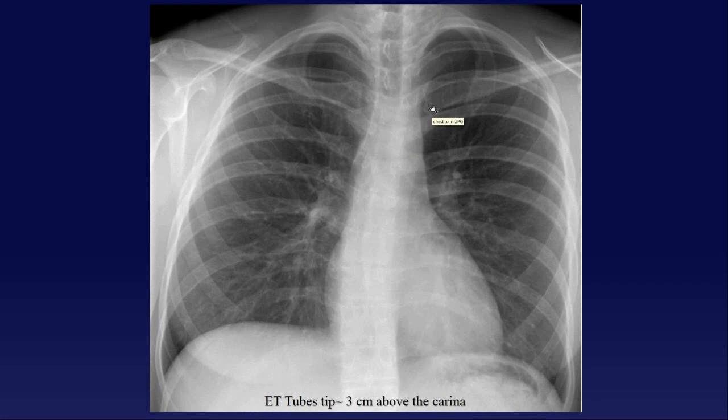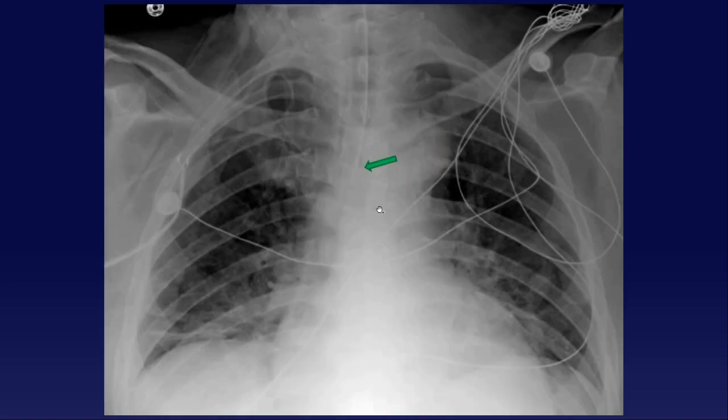Depending on patient positioning and lung volumes, that might change a little bit, but roughly speaking, if it's halfway between the carina and the inferior margin of the clavicles, you're in the right ballpark, okay? And there's the outline of your trachea right there. So this shows you the range where you'd want it and the optimum place right about here.